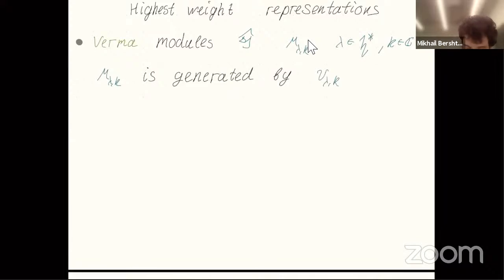such that H_i on V lambda K is equal to lambda of H_i times V lambda K, K on V lambda K is equal to K V lambda K, and all E_r, any of them applied to V lambda K, is 0.